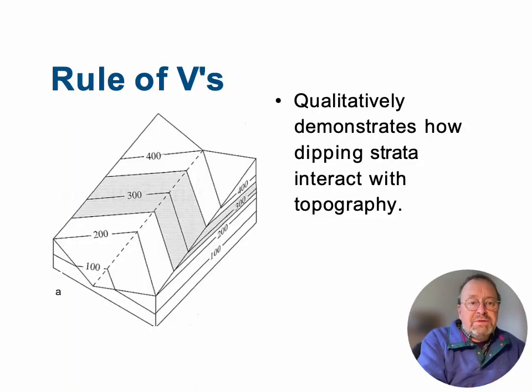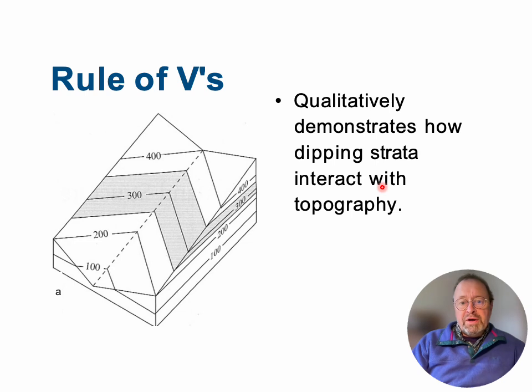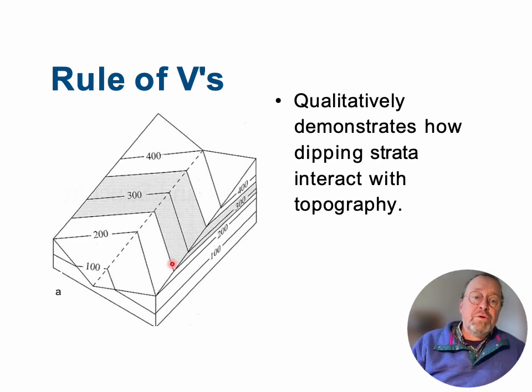So there is this thing that geologists like to call the rule of V's, and it gives you some very simple guidance about which way units must be dipping that you can just see on the map. So for example, this appears to be, well, it is a V, isn't it? It's an outcrop pattern as a V, but you can also see that this grey unit is parallel to the topographic contours.